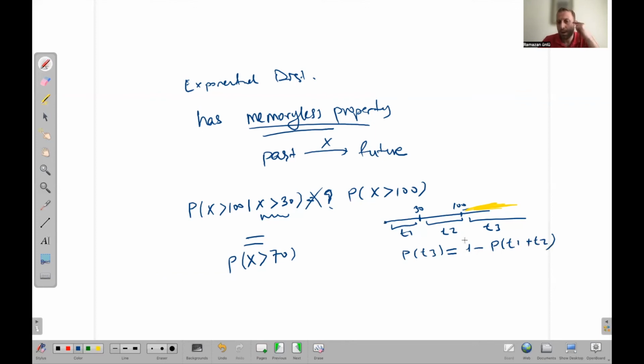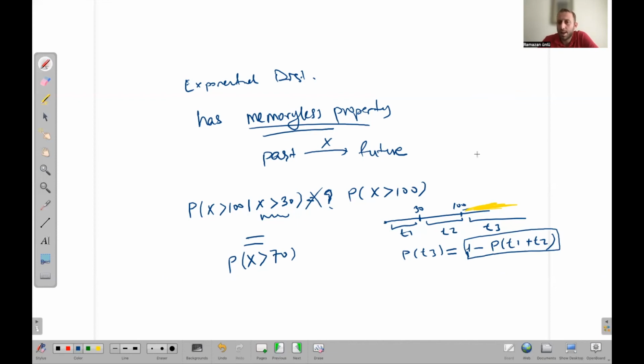So if I calculate this one, that means I can find the probability of region 3, T3. How can I calculate this probability? I can simply use the CDF, right?